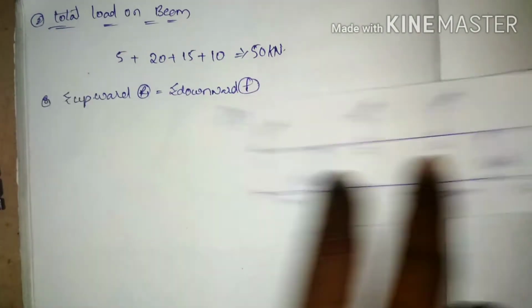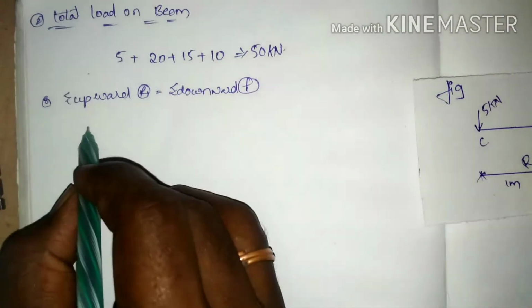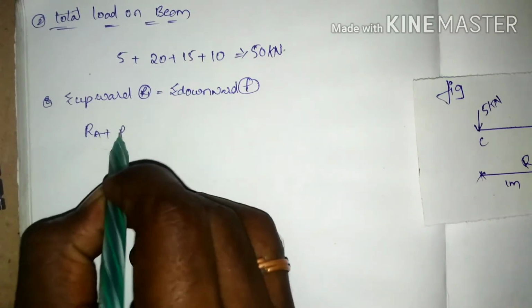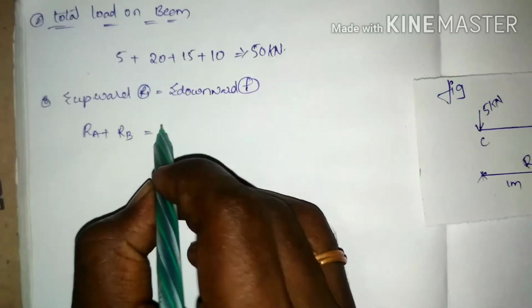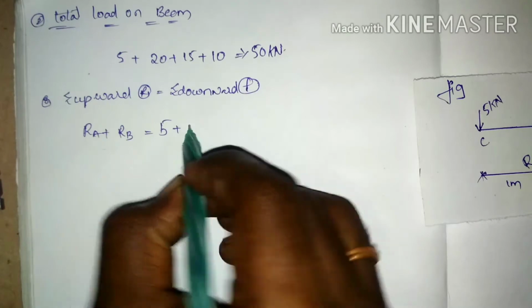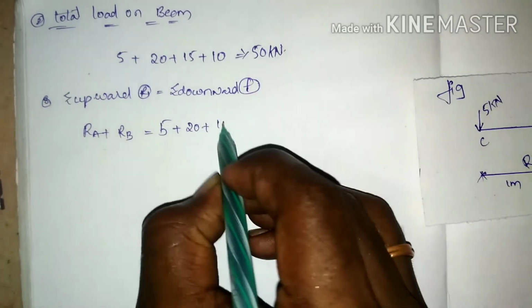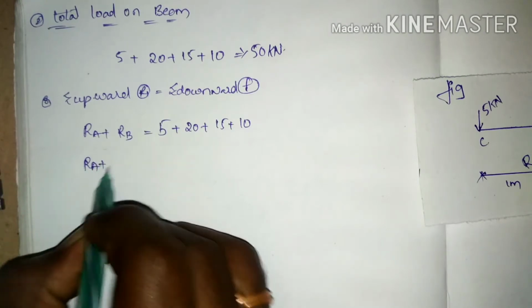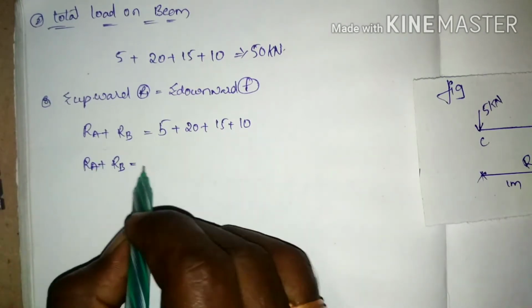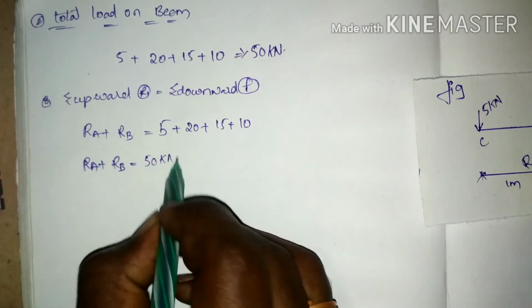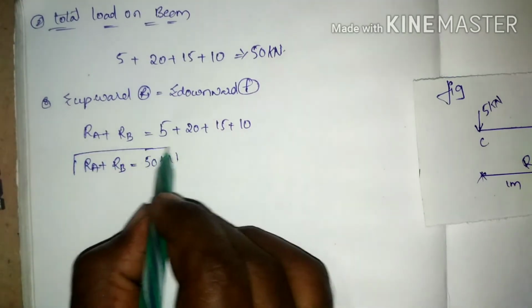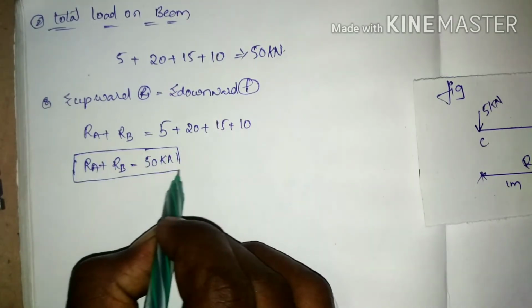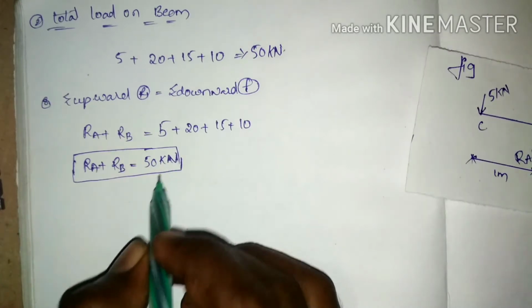That is, RA plus RB is equal to 5 plus 20 plus 15 plus 10. This gives RA plus RB as 50 kilonewtons, because these are in the upward direction and those are in the downward direction. The same will be given as the total load.